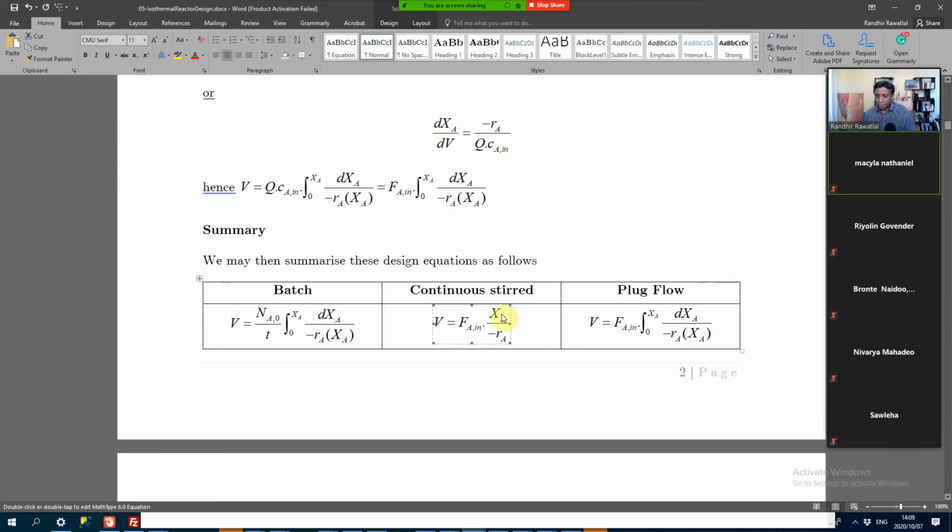So it looks like among all these, if we want the design value V, it's in effect the function 1 over RA that matters, and its dependence on XA. So those two things, minus 1 over RA and its dependence on XA, decide for us the volume of our reactor.